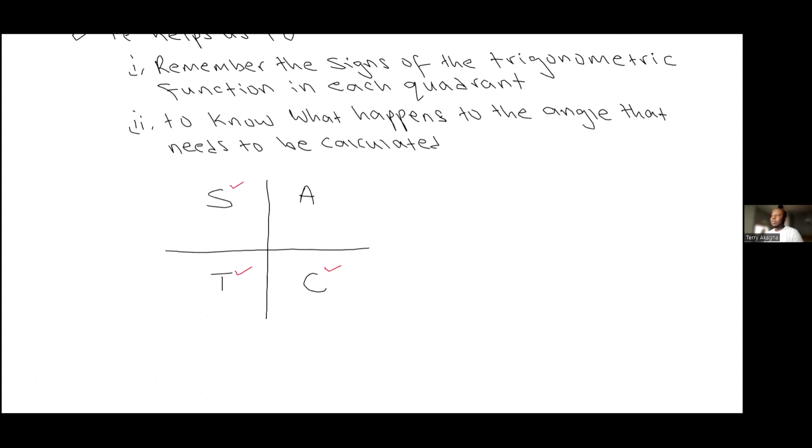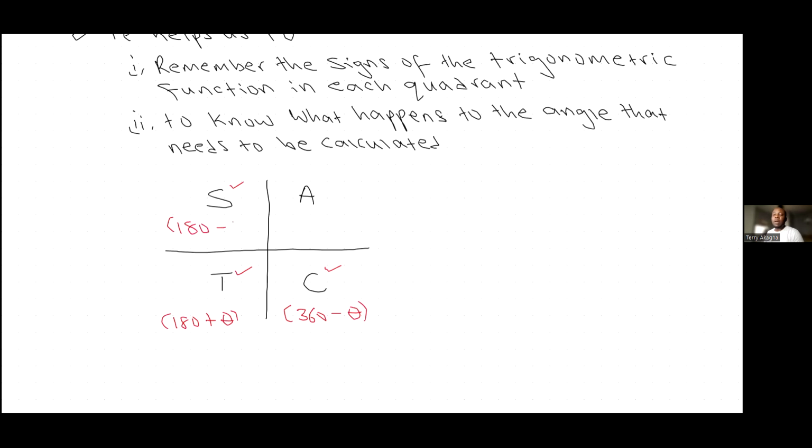And for the cosine, how you get that angle is 360 minus theta. For the tangent, it is 180 plus theta. And for the sine of the angle, it is 180 minus theta. All right.